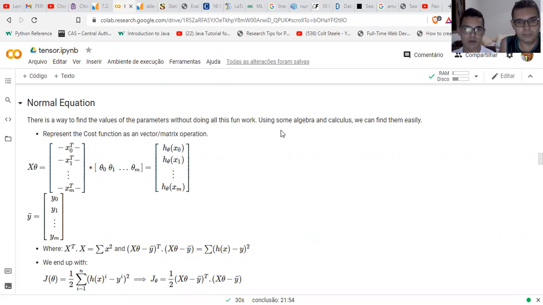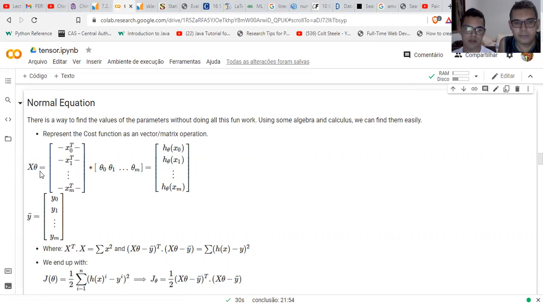But here we use some linear algebra and calculus to find them easily. So first, what we have to do is represent our data as matrices. The first part is our x and theta matrix.